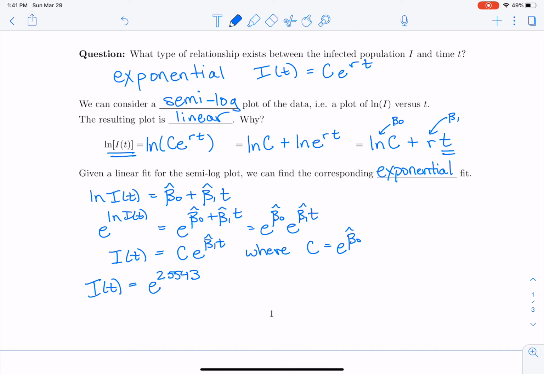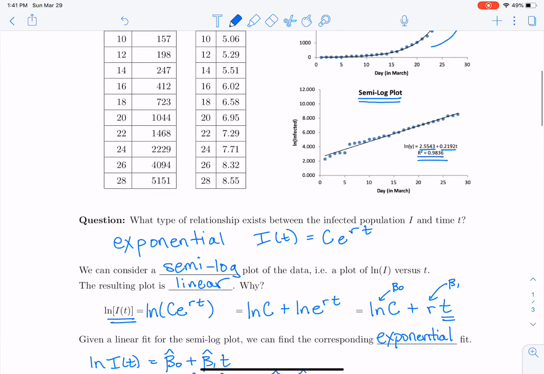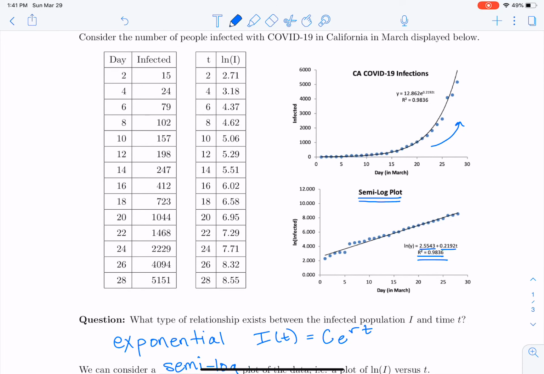That's our constant. And then e to the 0.2192 times t. e to the 2.55 is about 12.86. And now we have our best fit exponential function. In fact, if we look right here, yes, we did get 12.86 e to the 0.2192 times t.